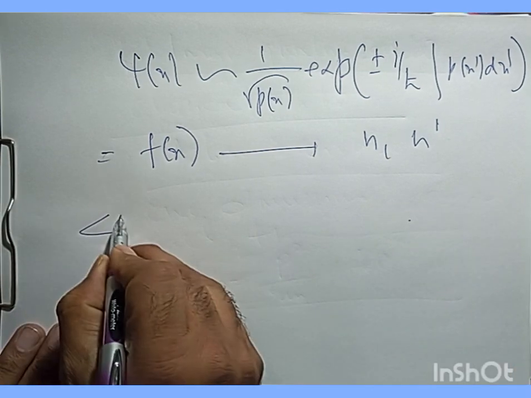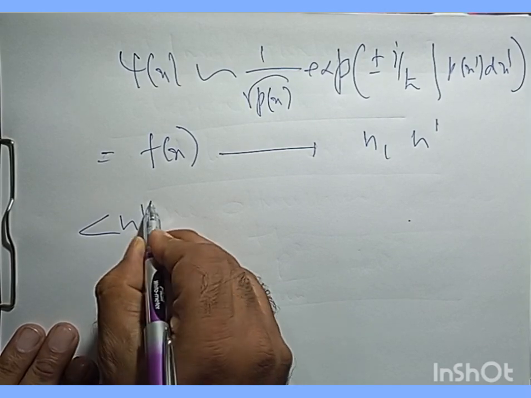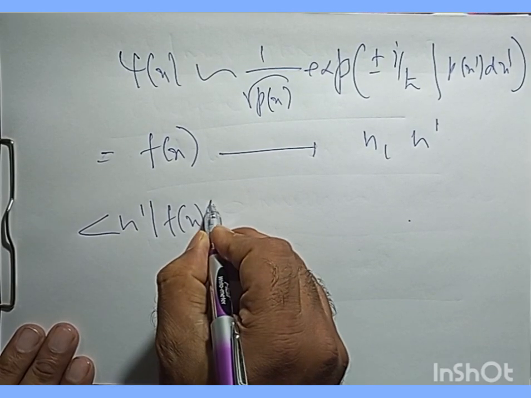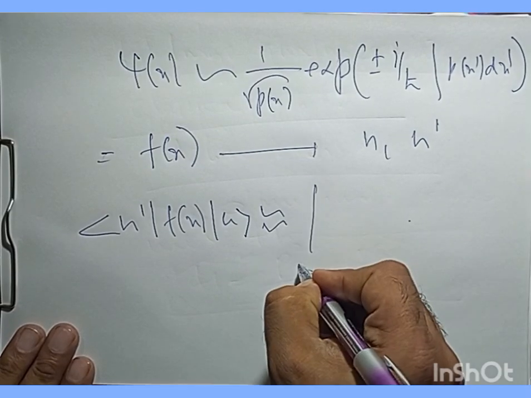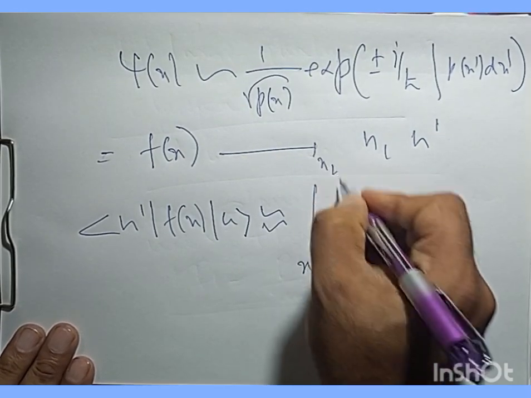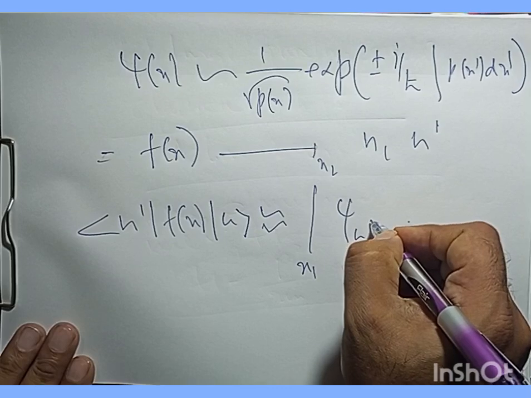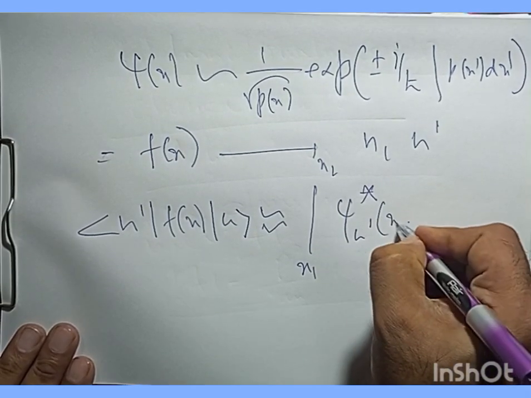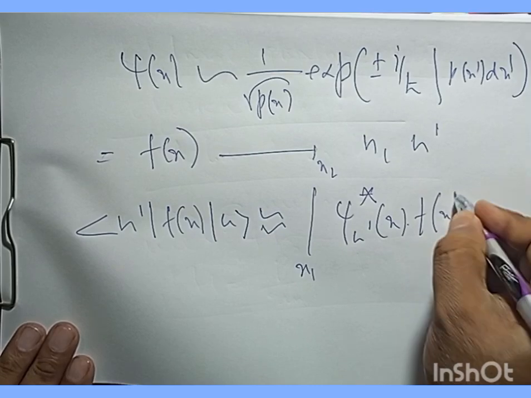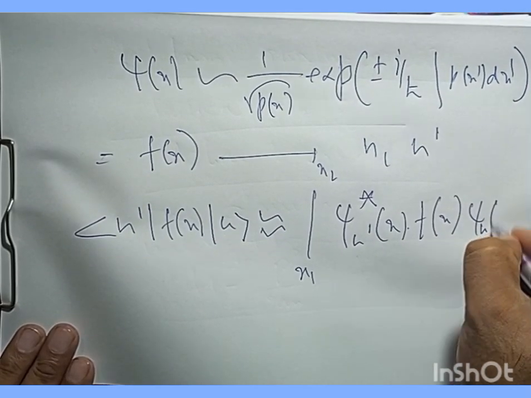So if I write down this matrix element n dash f of x n, we can approach this as the integral from x1 to x2 of psi n prime complex conjugate of x, then f of x, then psi n of x.